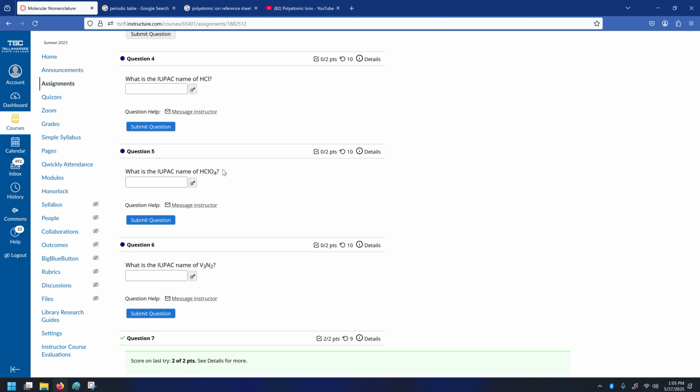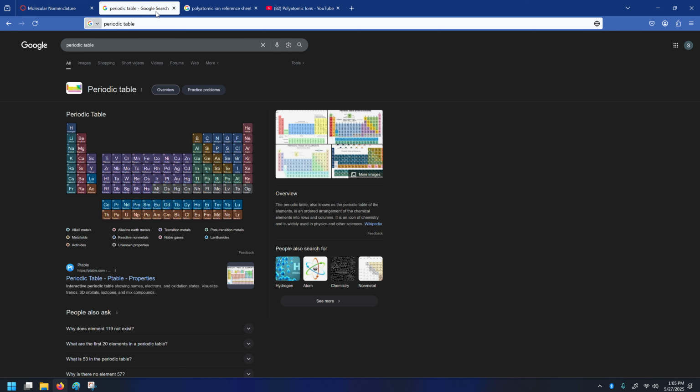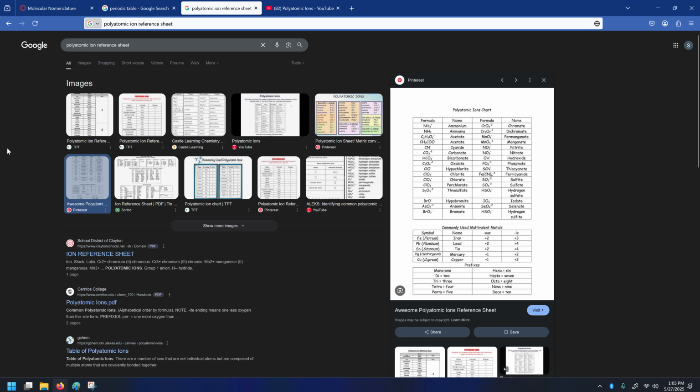When you're naming your polyatomic ions as acids, you want to first identify the polyatomic ion, convert its suffix into the corresponding acid suffix, and then just write that down. Don't include the hydro in front. Hydro is only used for binary acids. So I need to find out what ClO4 is. Looking at our reference sheet, ClO4 is perchlorate.